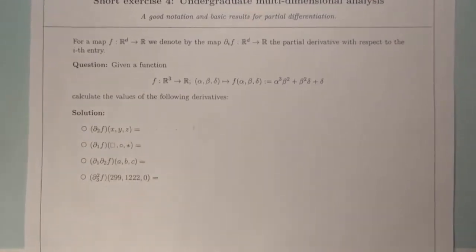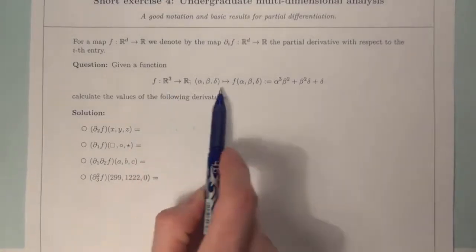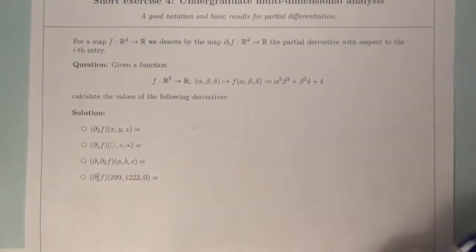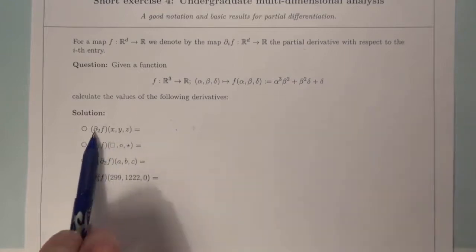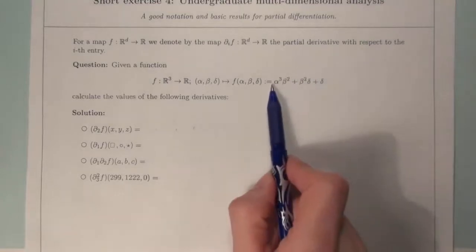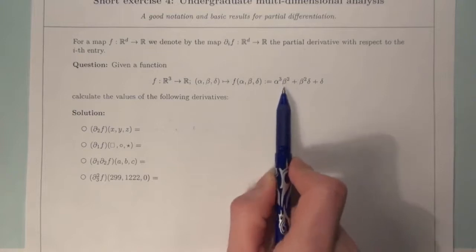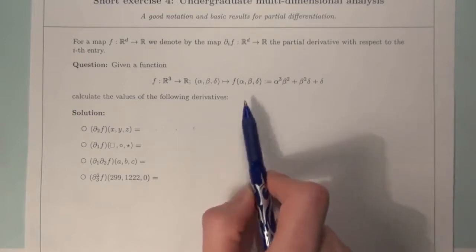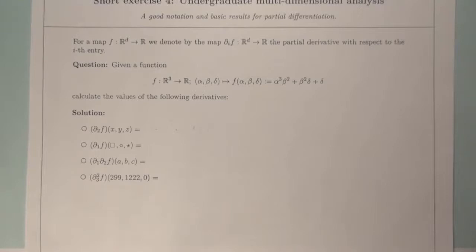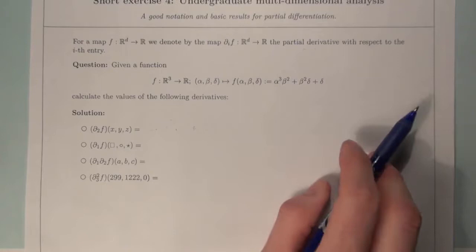To see this, we are given a function f from R3 to R3, and it looks like this. And we have to calculate some derivatives. To calculate the second derivative of f, that means we derive in this special case with respect to beta. That means this is 2 alpha to the power of 3 times beta plus 2 beta delta plus 0.